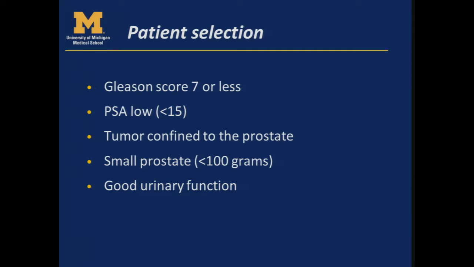Low PSA score as well, meaning that the cancer probably hasn't spread to the seminal vesicles or the lymph nodes, because those would be very challenging to treat with SBRT. Tumor confined to the prostate, so hasn't gone out of the capsule into the area close to the rectum, for example. And patients who have a small prostate, that allows for better dose fall off. And patients with good urinary function as well.